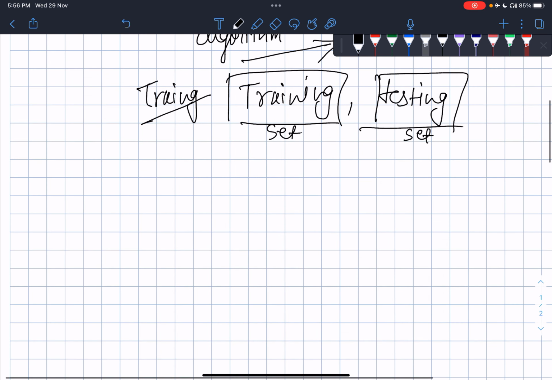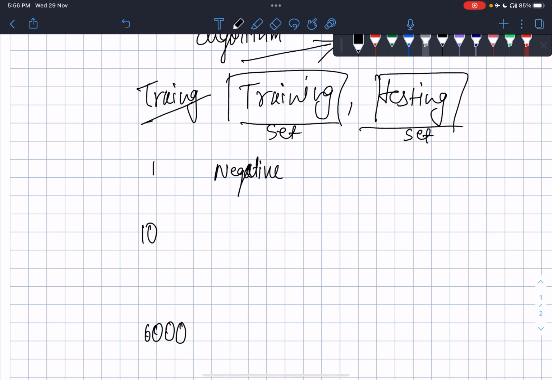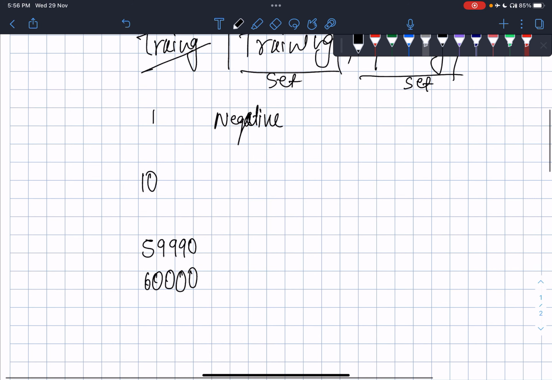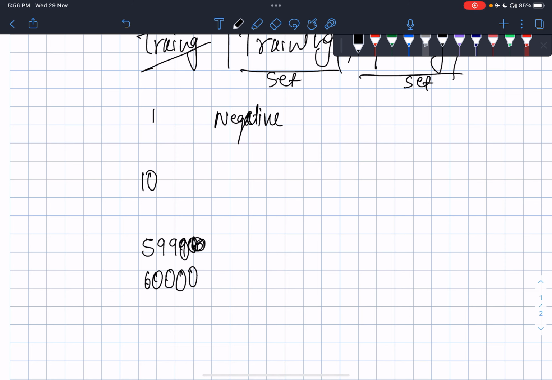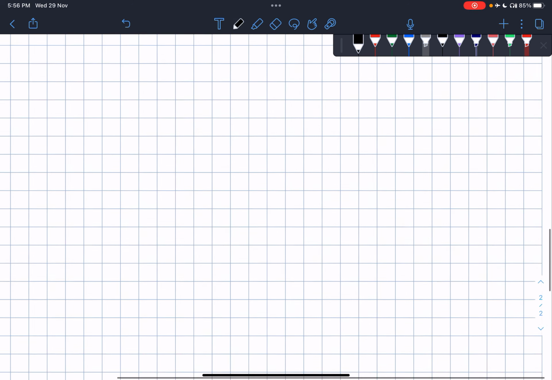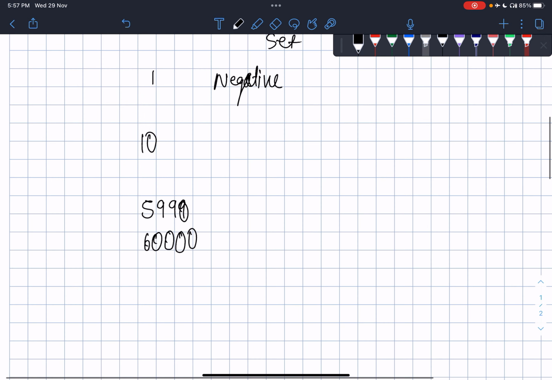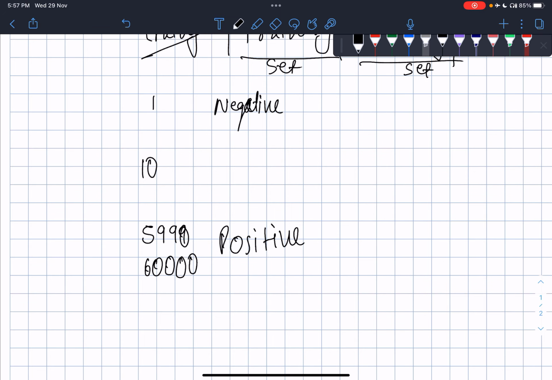What we do actually is, let's suppose we have a data set where the data from 1 to 10 is all negative, and the last data, up to around 59,990, is positive.